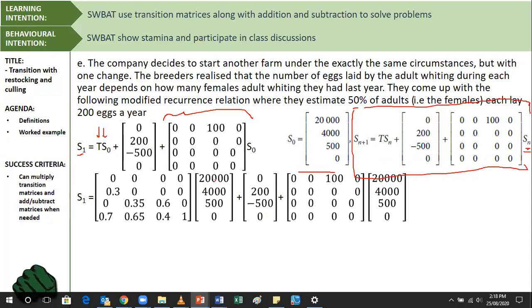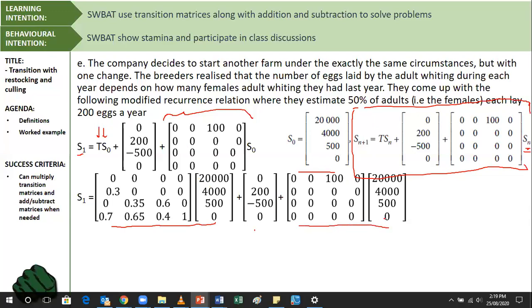S0, here it is, the same thing at the start, plus 0, 100, negative 500, 0. Then part E is where they introduce this extra bit at the end, where they're saying there's another big matrix that you need to multiply by S0. So here's another big matrix times S0. What they want you to do now is multiply these two plus this plus the multiplication of these two.